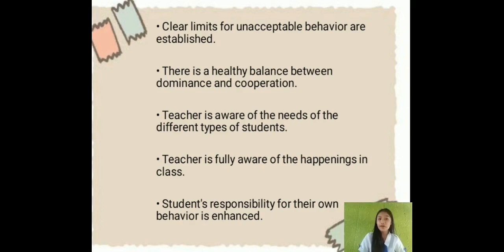Next is that there is a healthy balance between dominance and cooperation. So what is dominance? Dominance is the teacher's ability to provide clear purpose and strong guidance to students in both academic and behavior. Teachers' dominance in a lesson, promoting cooperation, and awareness of students' needs and guidance are successful strategies to improve students' learning in a classroom.